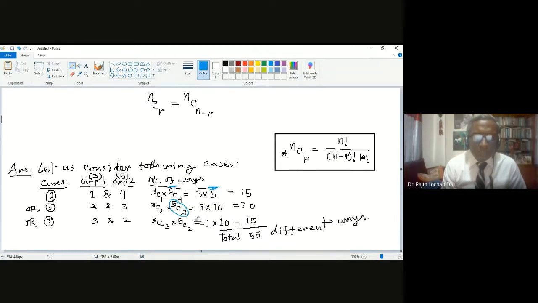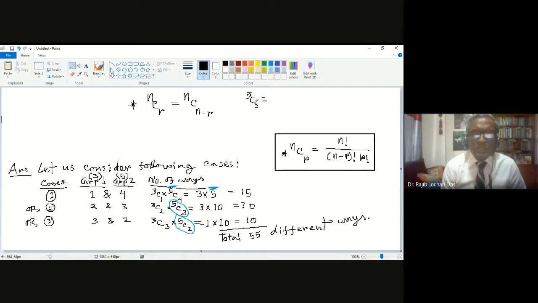Another thing, 5C3 and 5C2, they are same. This is also 10, this is also 10. So how can I do this very, very quickly? Because this is another formula I know, so I am just telling it to you now. So what will happen with this formula?